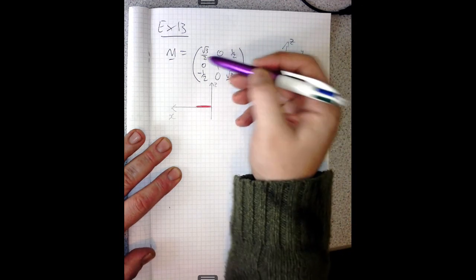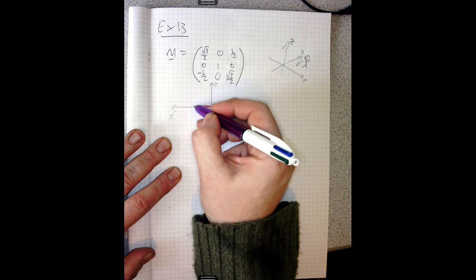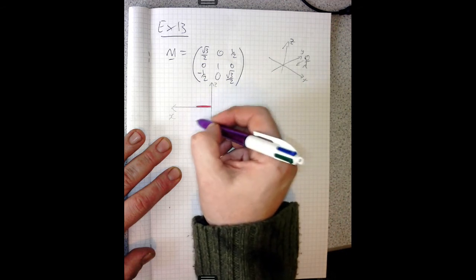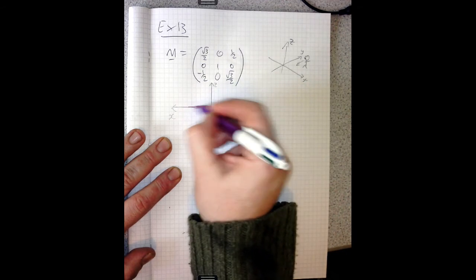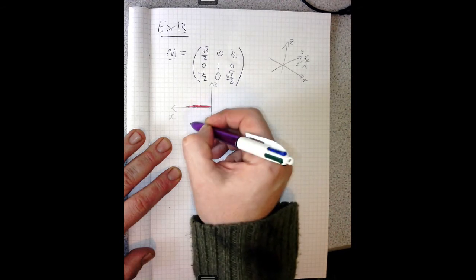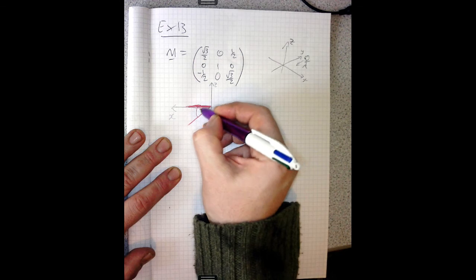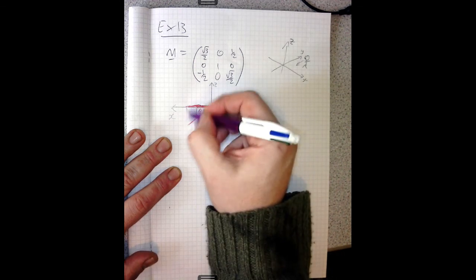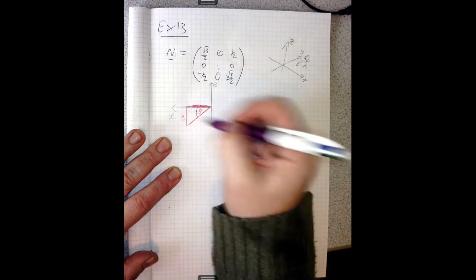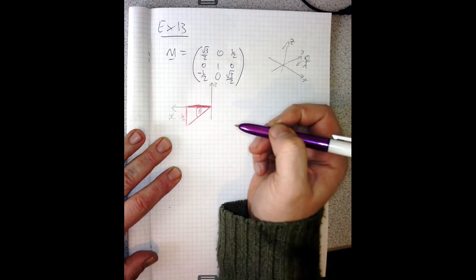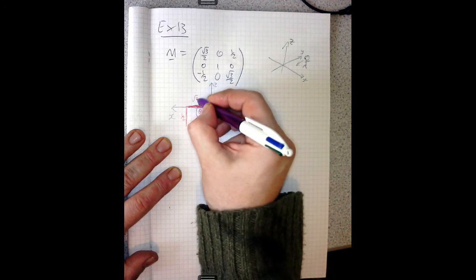So let's draw it. Z, x is going that way, and x has gone from 1, 0 to positive root 3 over 2. Remember, that's the positive direction, minus a half.